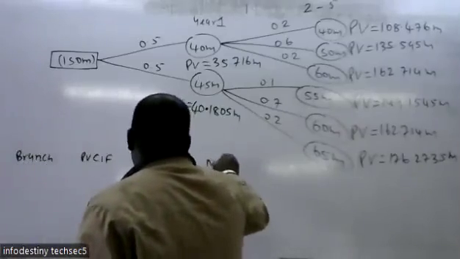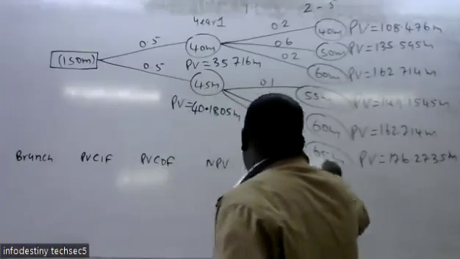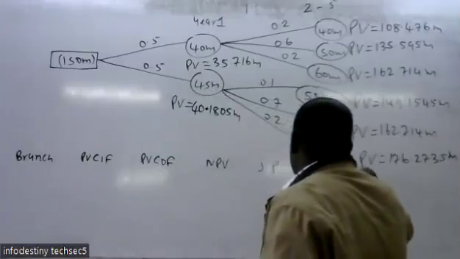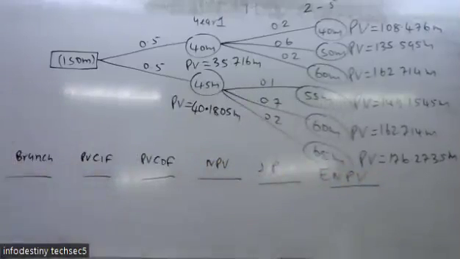Then you get the NPV, but there is joint probabilities so that you come up with the expected NPV. We can create this schedule: the branch, present value for the cash inflows, present value for the cash outflows, NPV, joint probabilities, and also the expected NPV.